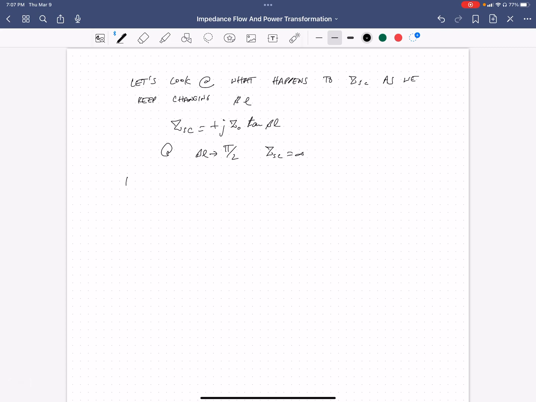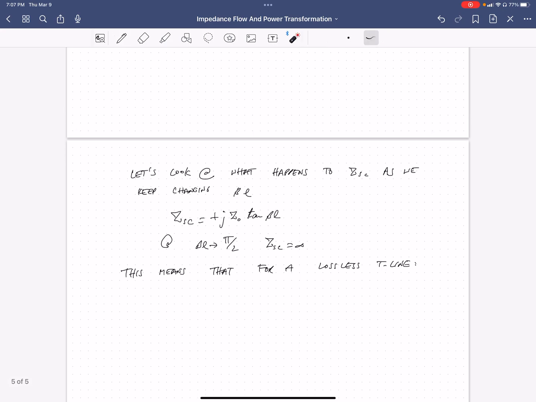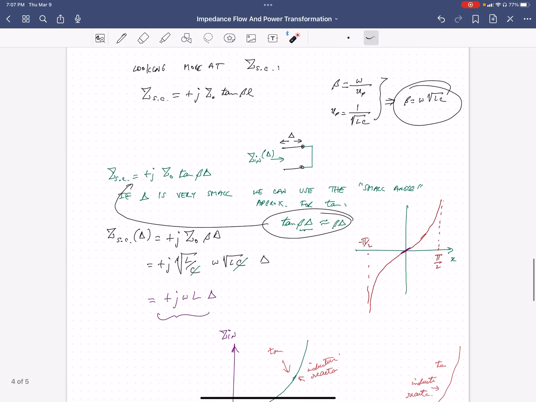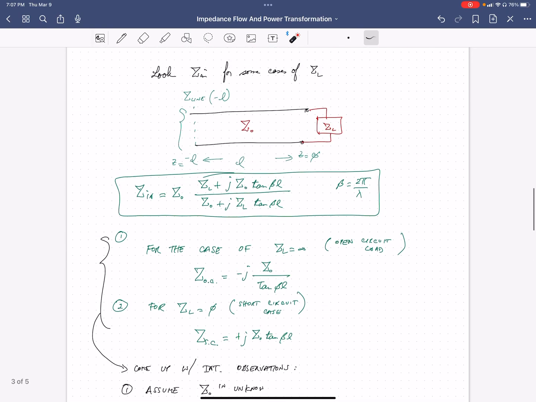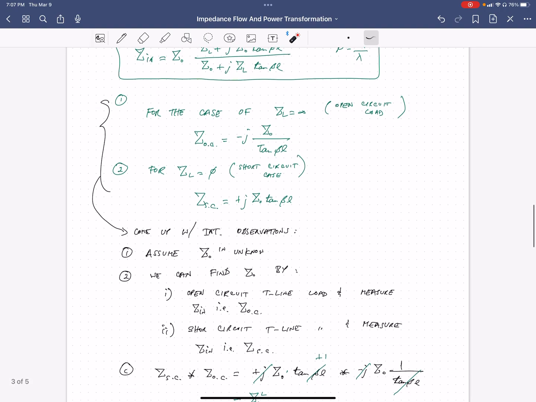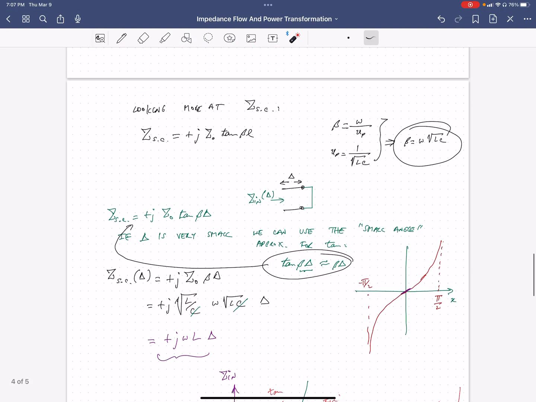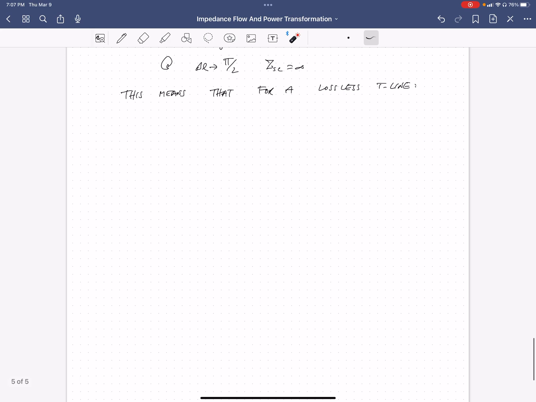And so what this means, for a lossless transmission line, and the reason I'm saying lossless is because for all these calculations, remember we used this equation, which is for a lossless transmission line, and also these, for impedances, etc., which are for a lossless transmission line.